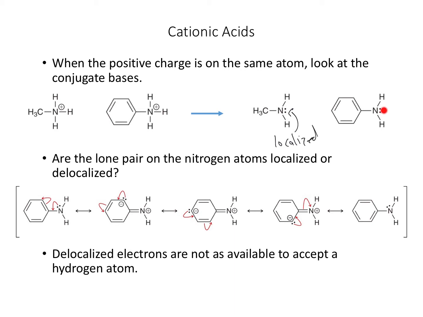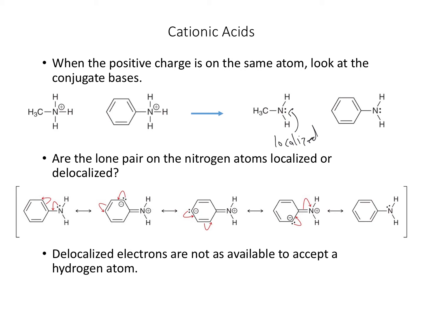Now in this compound, we have an allylic lone pair, and so we can draw resonance structures involving this lone pair. In many of the resonance structures, the nitrogen doesn't have a lone pair.